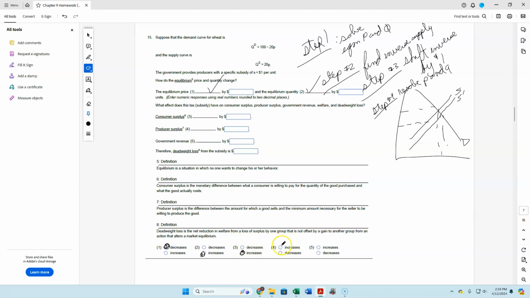That the producer surplus should be increasing, and that the government revenue is decreasing, right? Because the government's obviously giving out this subsidy, and then you would have to calculate the deadweight loss, which would mean calculating the equivalent of this triangle right here.